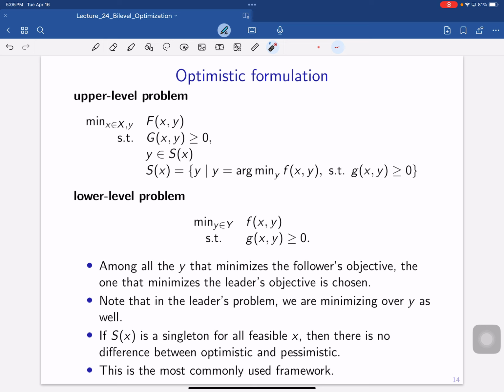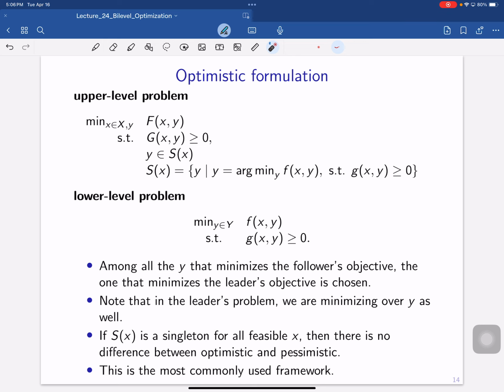But in the leader's problem, if you assume the response is optimistic for you, then they have to optimize both x and y in the upper level problem. This is the most commonly used framework in bilevel optimization. I don't know if it is more practical than the pessimistic case, but it is easier to solve than the pessimistic case. Perhaps that's why people pick this case.